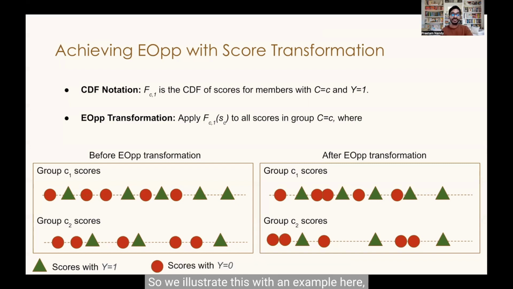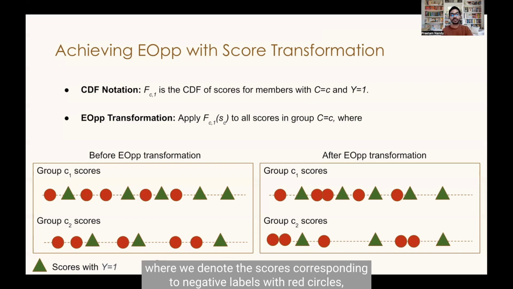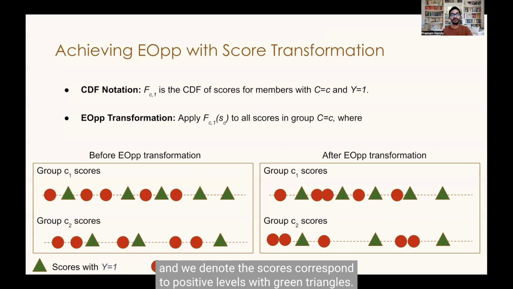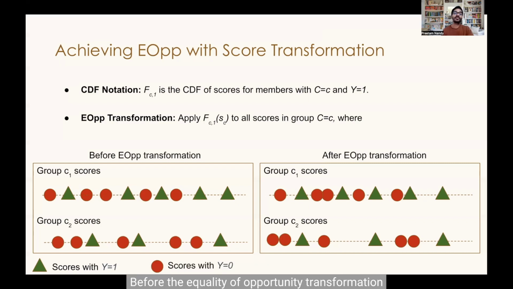We illustrate this with an example here, where we denote the scores corresponding to negative labels with red circles, and the scores corresponding to positive labels with green triangles. On the left-hand side, we see that the score distributions of group C1 and group C2 are different for positive labels before the equality of opportunity transformation.